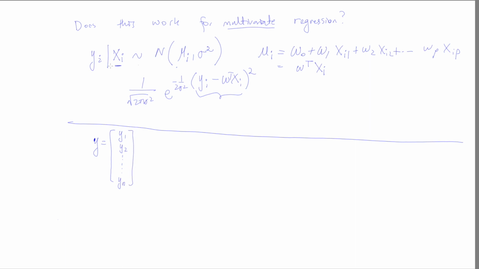It turns out that if you have independent one-dimensional Gaussians, this is going to follow a normal distribution with mean XW and covariance sigma squared I. Now this thing looks kind of scary, but it's just the multivariate version of this case.